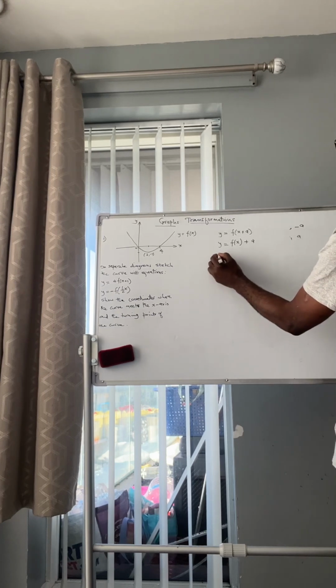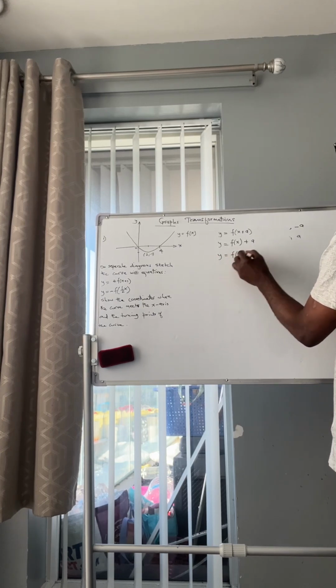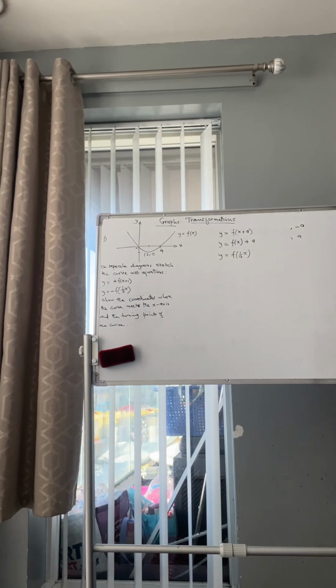And you have another one, y equals f of, for example, 1/2 x, or f of ax. This again is a horizontal transformation on the x-axis. In fact, this is a stretch, or a shrink.